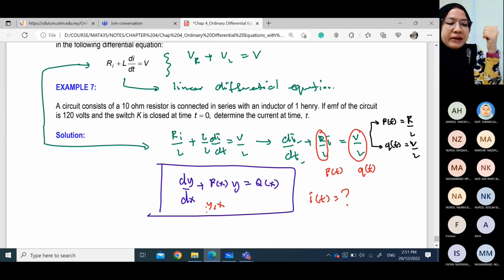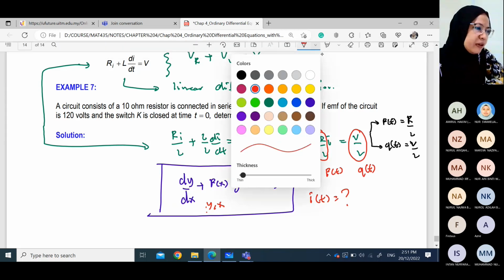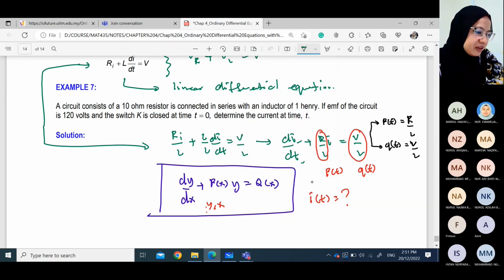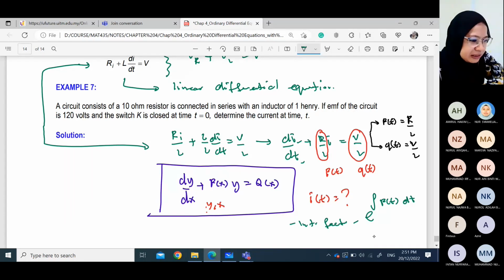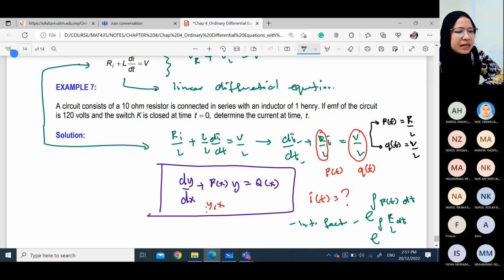The first step is to find the integrating factor, which is the exponent of the integral of R over L with respect to T.